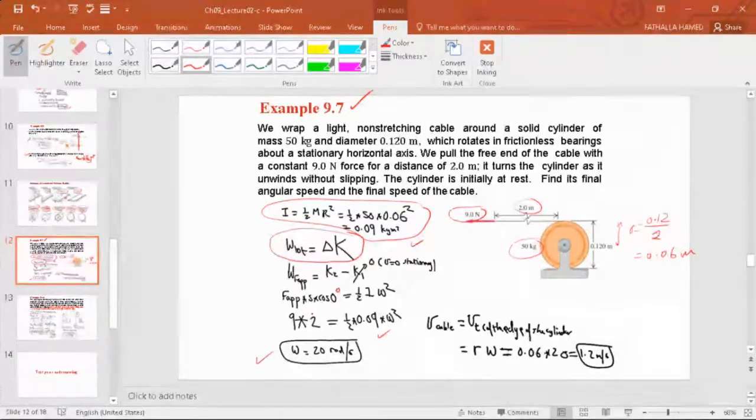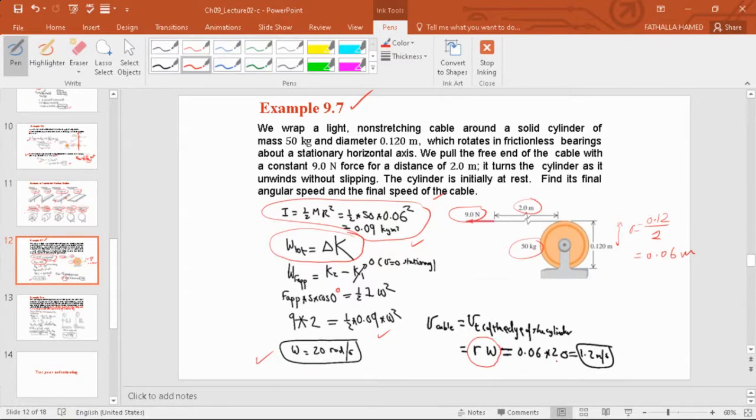Now out of this equation, omega comes to be equal to 20 rad per second. That's your angular speed. Now they ask us for the speed of the cable. The speed of the cable will be the tangential speed of this cylinder, because you'll be pulling this way. So the speed of this cable is the same as this tangential speed here, and the tangential speed is equal to r omega.